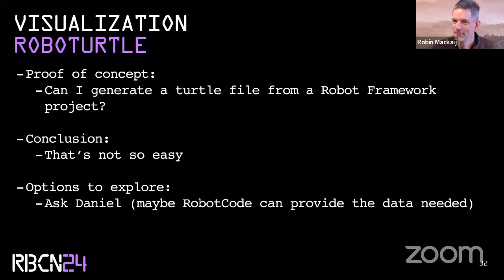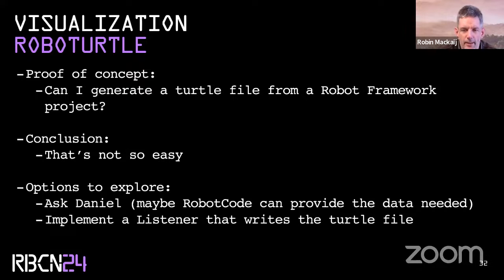I should ask Daniel, I actually mentioned this, because RoboCode, being a language server, needs the same information, or at least much of it. So if in some way RoboCode could provide this information, then that could be processed into a turtle file, and then you could visualize that.